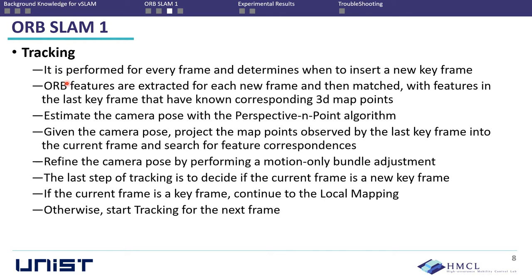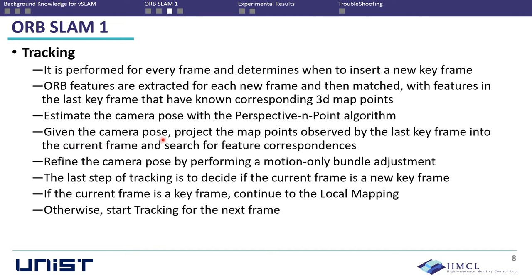Next is the tracking. It is performed for every frame and determines when to insert a new keyframe. For the first step, ORB features are extracted for each new frame and then matched with features in the last keyframe, and then the camera pose is estimated with the perspective-n-point algorithm.